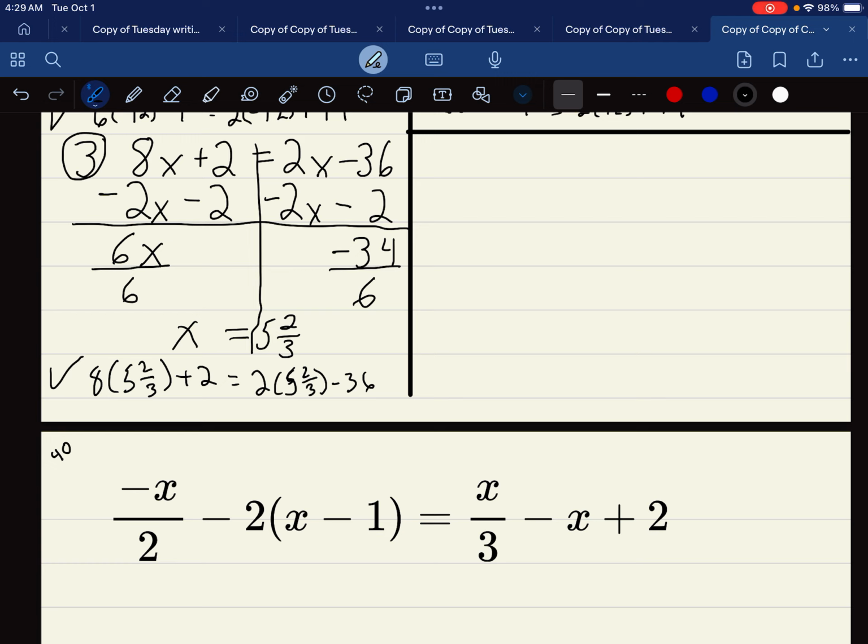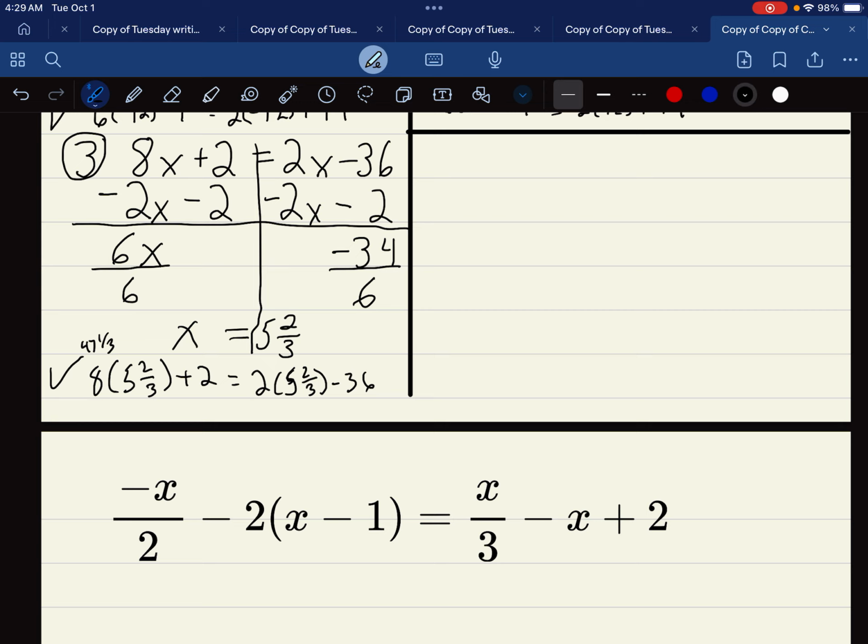So 40, and then I've got 16 divided by 3, which is 5 and a third. So now I'm at 45 and a third. 45 and a third plus 2 is 47 and a third. So if you did that in your Desmos, you'd get 47.33.